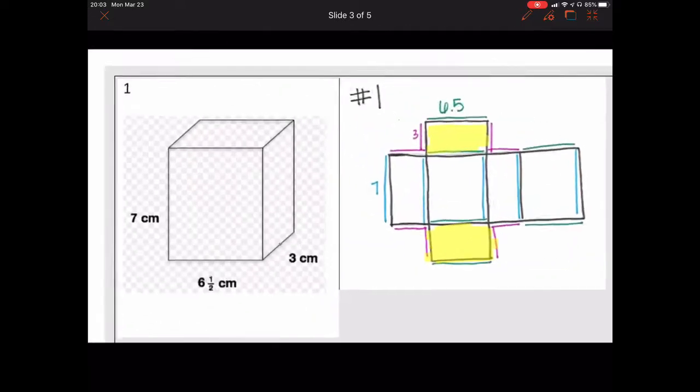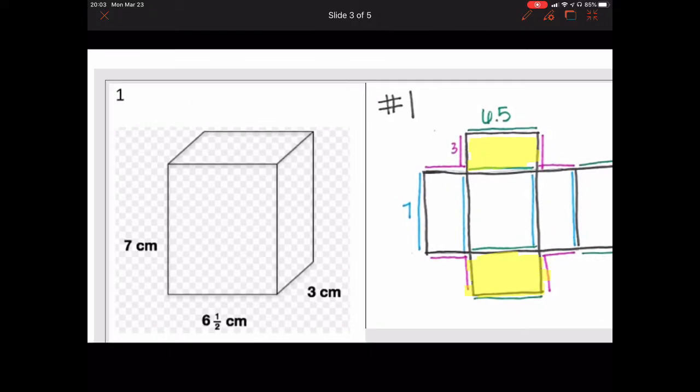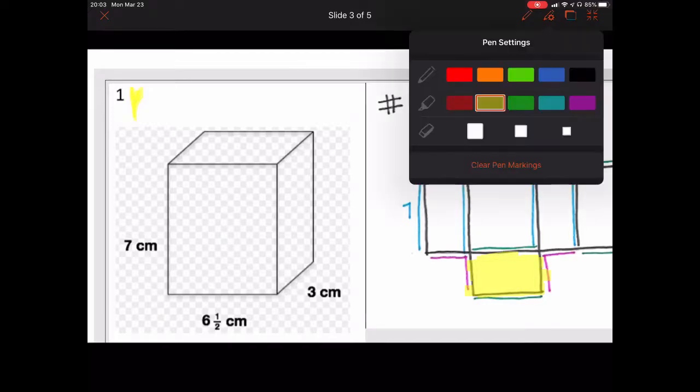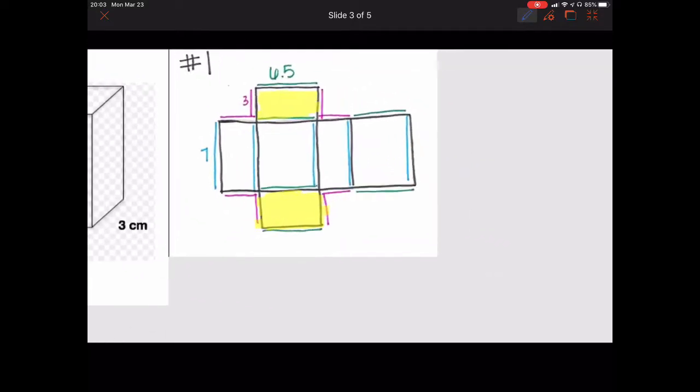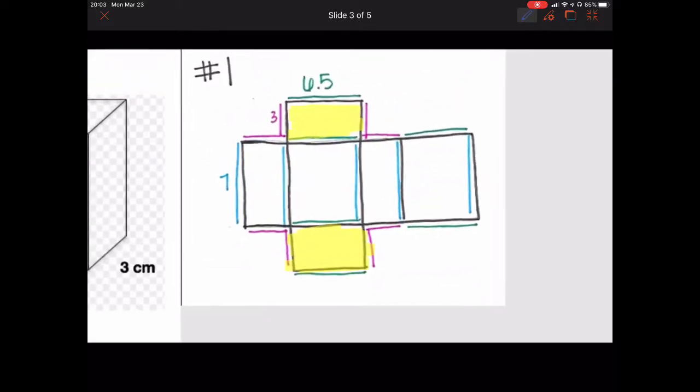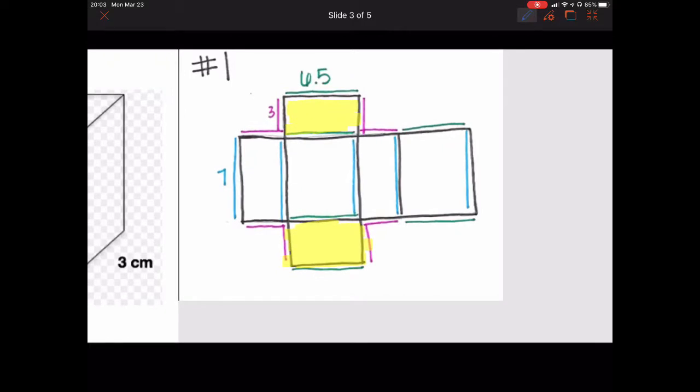With this, we need our formulas, which I'm going to write up here. Rectangle area is base times height. So you're going to come over here and look at all of these shapes that I drew. So we're going to do base and height.